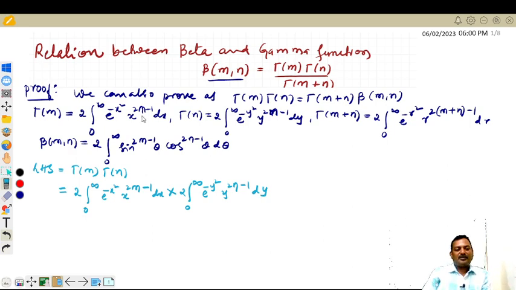One more thing you can remember, this can be in terms of n and this in terms of m also, it doesn't affect.